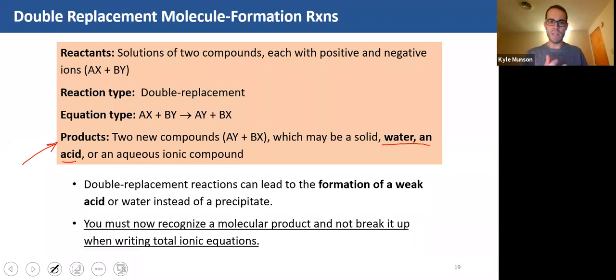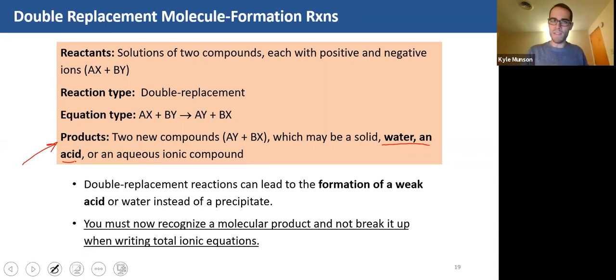Like it says here, double replacement reactions can lead to the formation of a weak acid or water instead of a solid. And when a weak acid is formed, remember that it doesn't completely ionize. What do I mean by that? Well, what makes something a strong acid is that it completely ionizes in solution.